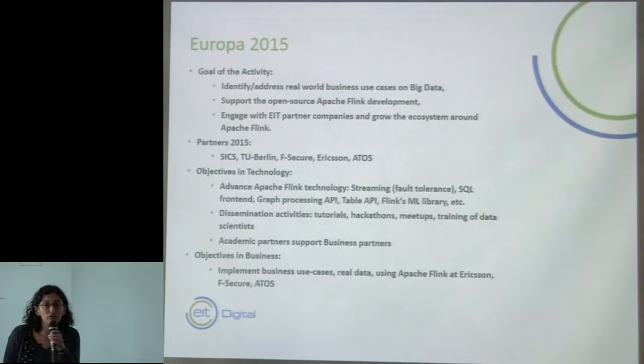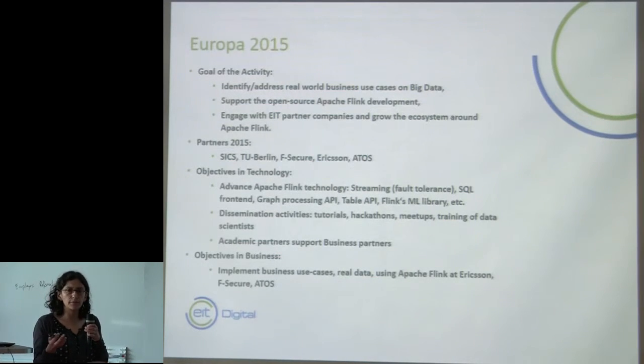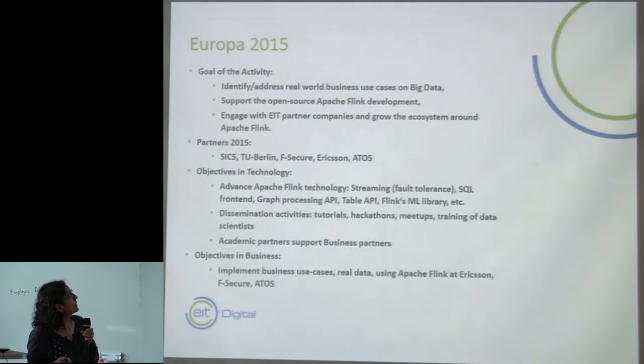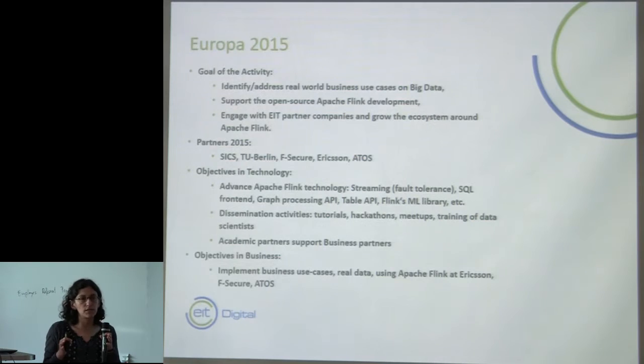I just want to mention quickly the Europa project, which is part of these future cloud activities. This is one activity that has been there for several years, since 2012, I think. The main goals of this activity have followed two trends: one is a technology trend, and the other is more business oriented.